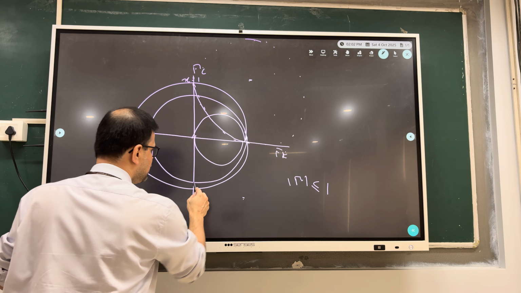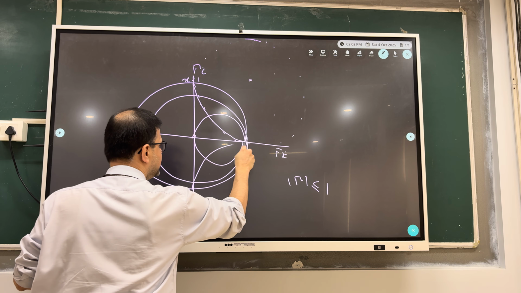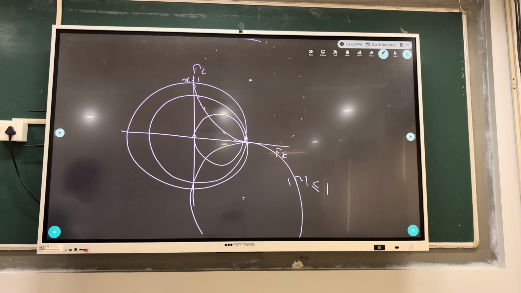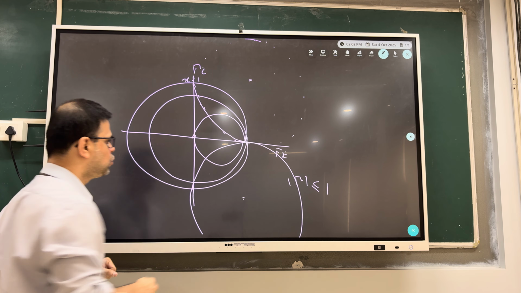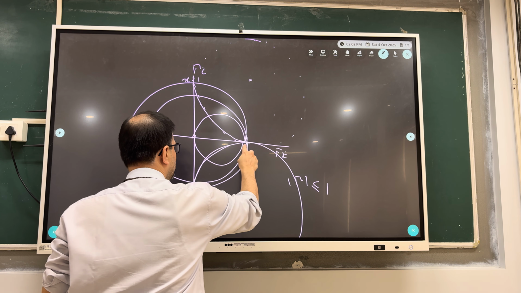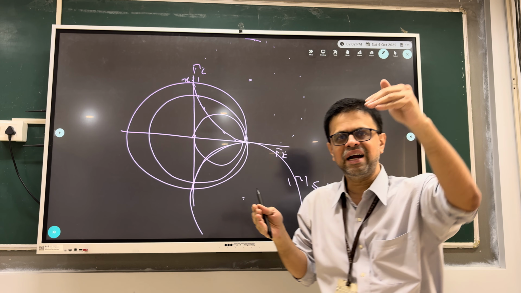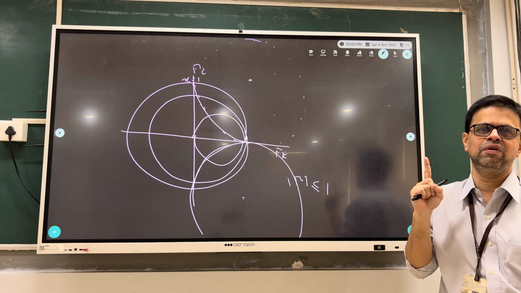And the locus for that particular value of x will now appear like this. This will be a circle lying outside. Earlier the center was 1 comma 1, now it is 1 comma minus 1. We are interested only in the portion of that circle which is residing inside mod gamma less than or equal to 1.